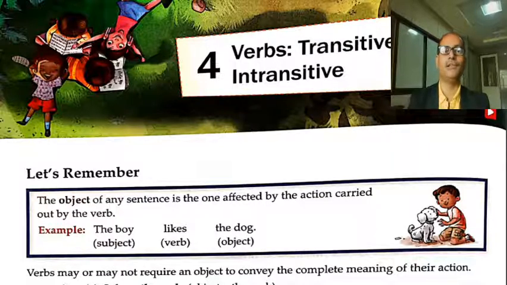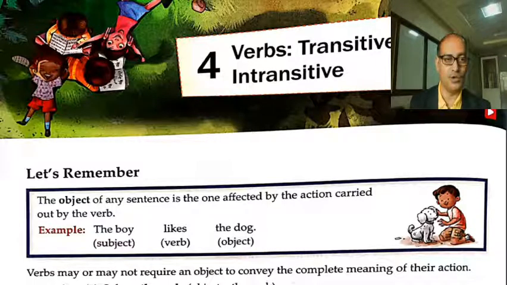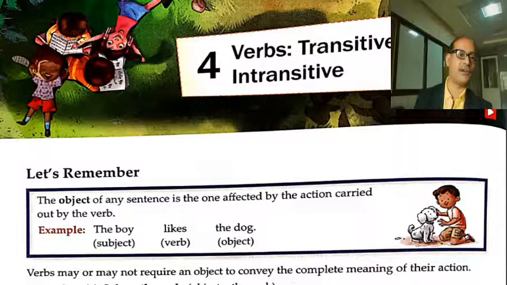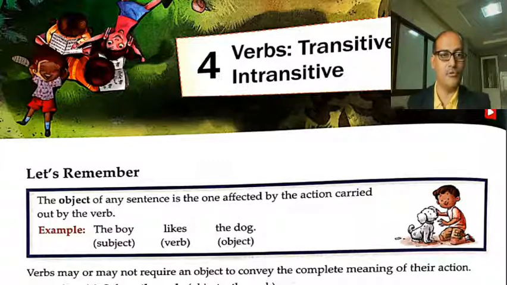For example, the boy likes the dog. Now this dog is affected by the action word likes. I cut the mango. So this word mango is affected by the action word cut. She opens the window. So window is affected by the verb opens.